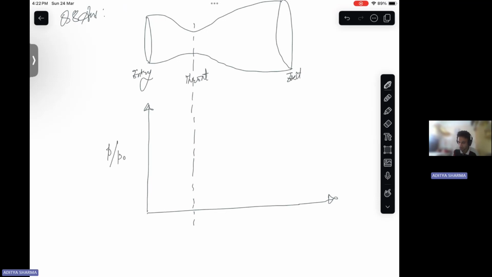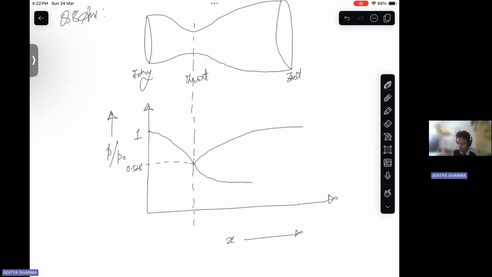P by P naught, this is the X direction. Now this is 1, and this is our choked condition, 0.528.